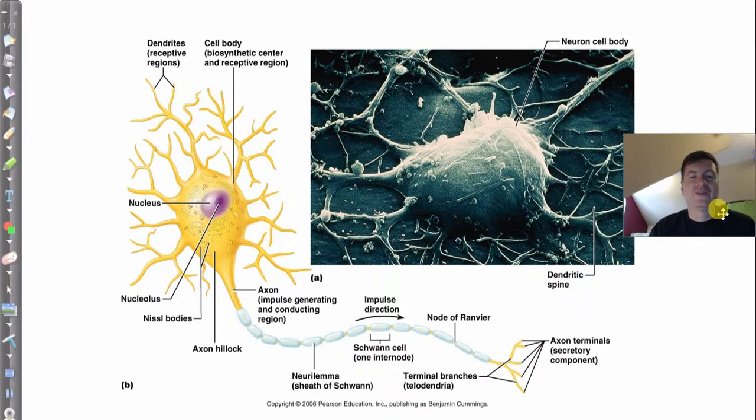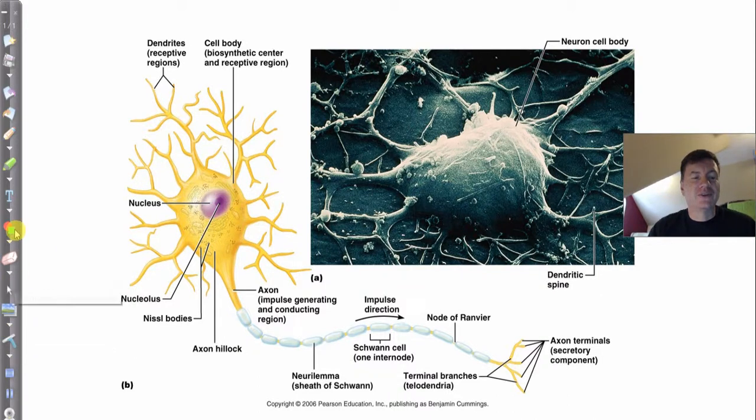Okay, so let's start with a neuron and look at its parts, and then we'll work our way to neuroglial cells. The three major regions you should see with a neuron, and you see it here, it comes all the way down, all the way to here. Neurons can be quite large, not in size, but in length. You can have a neuron that goes all the way from your spinal cord to your big toe. So let's look at how neurons are put together.